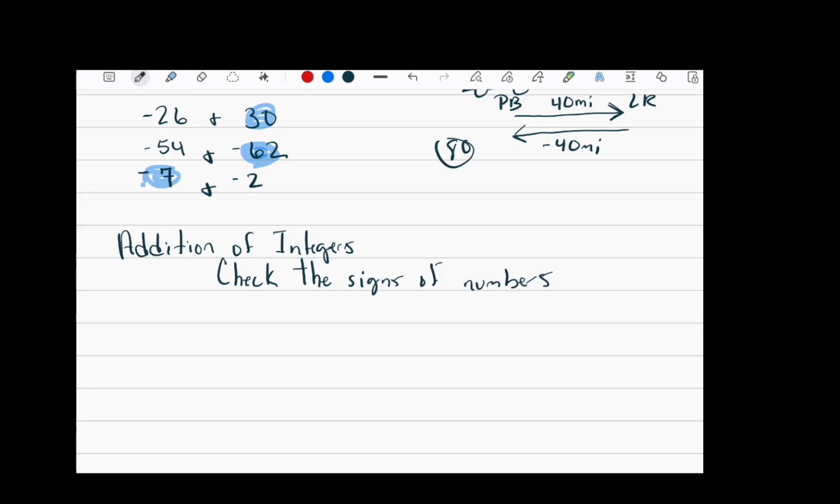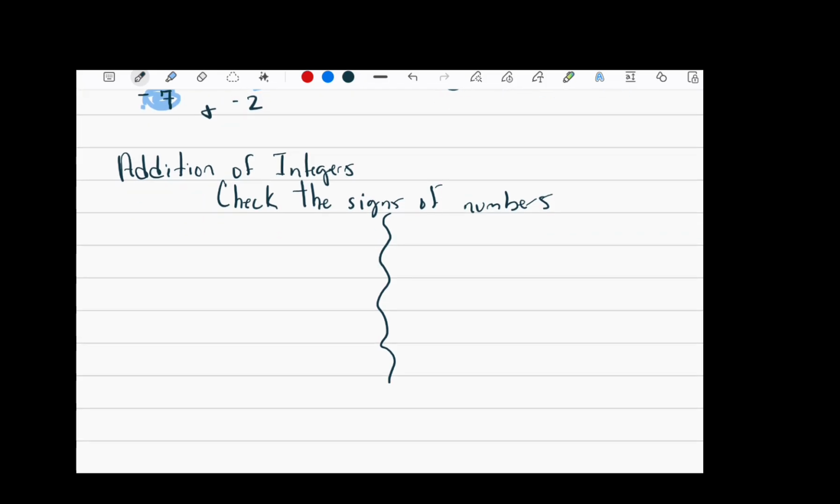When you check the signs of the numbers, you're going to have two things you look for. You see you have an addition operation, so check the signs of your numbers.